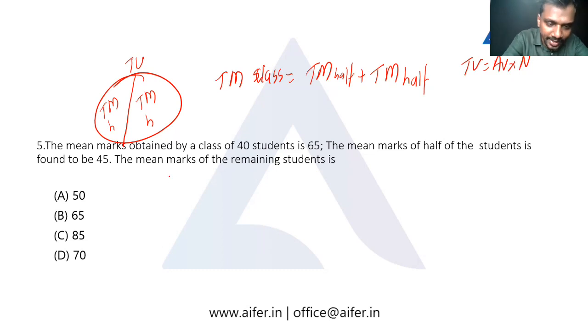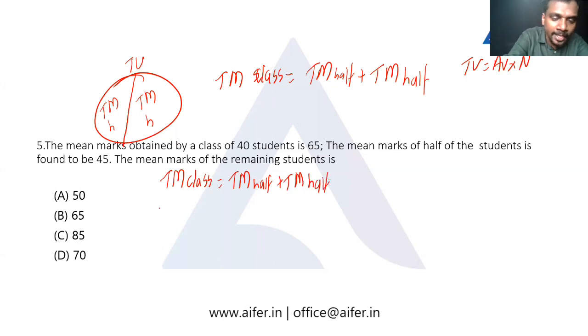So total mark of class is equal to total mark of first half plus total mark of second half. That is, total mark of class is equal to average of class into number of students in class.